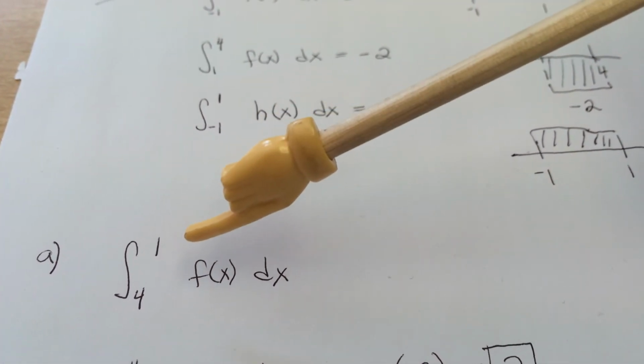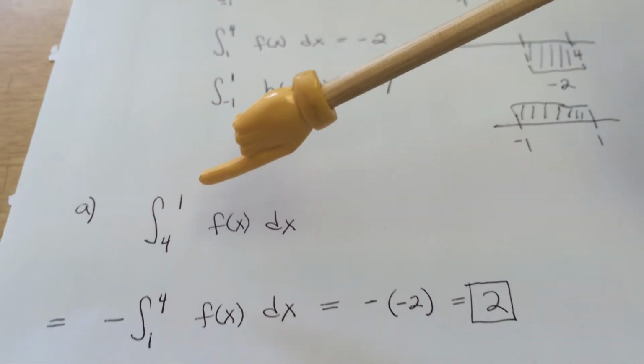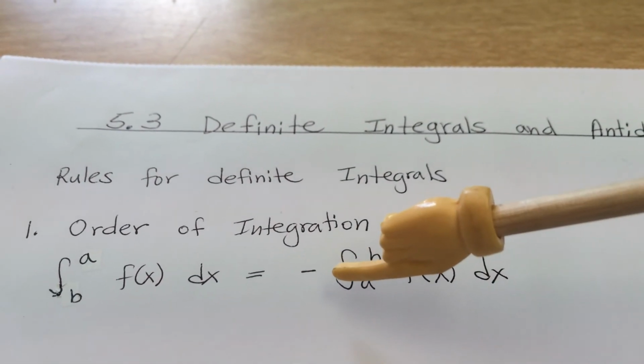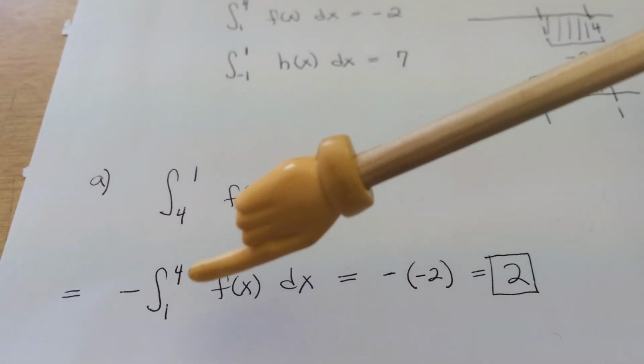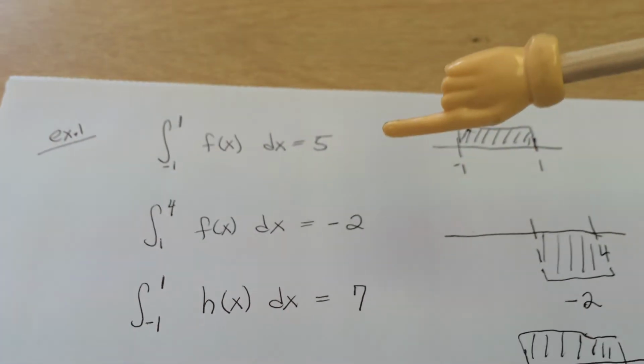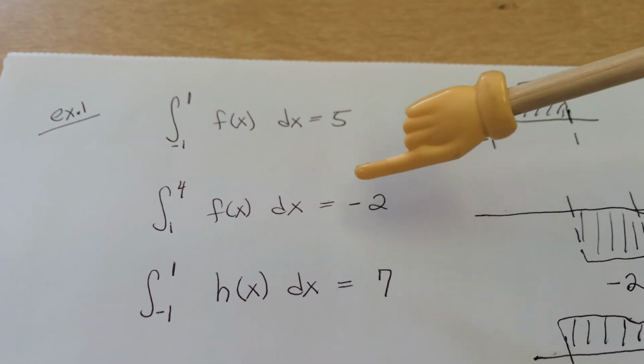So 1 is smaller than 4 right there. So they have it wrong right here as far as the limits. So then we're going to switch the limits and put a negative out front. That's the rule that says we have to put a negative out there. Okay, so that's what we did right there. We put a negative. Now, the 1 to 4 right here of f of x, that's given up here from 1 to 4 of f of x, and we said the area is -2.